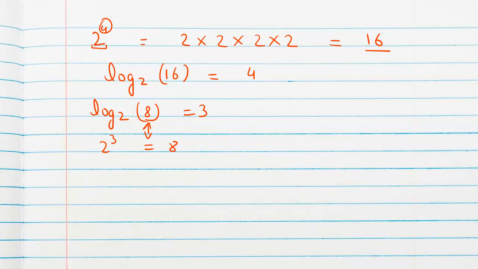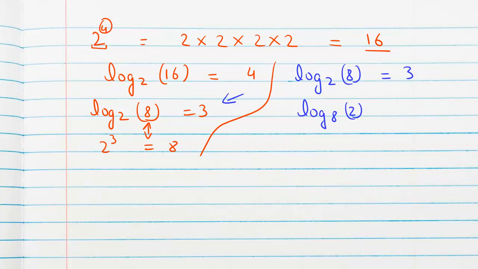Okay, so how about let's say we have log base 2 of 8 is equal to 3. We already did this over here. But how about log base 8 of 2 is the answer.